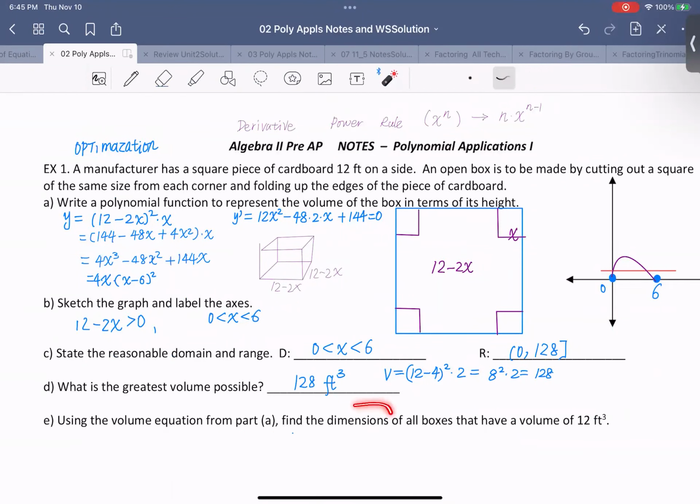Find the dimensions. What do the dimensions mean? Dimensions mean you give this direction, this direction, this direction length, and tell me what these 3 directions will give you a volume of 12 feet cubed. Go ahead, do it in your graphing calculator and text me your answer.